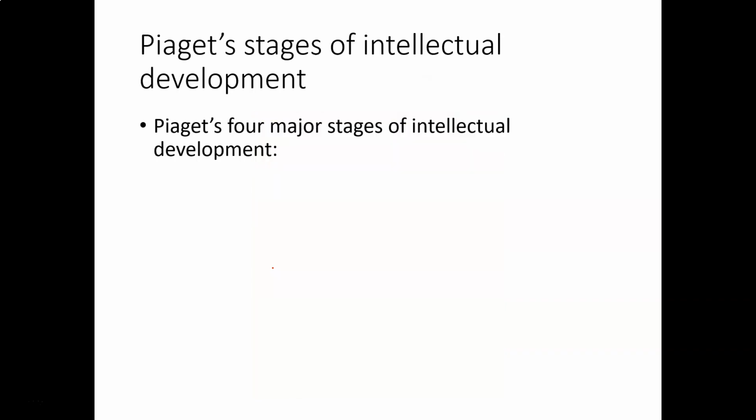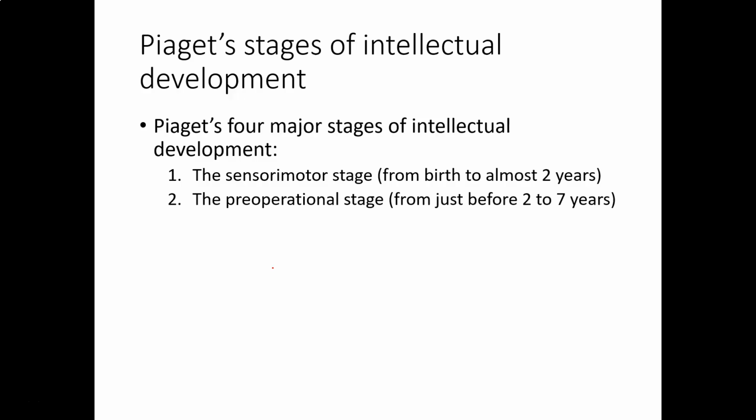And these stages of intellectual development, I would say, are not set in stone. There's a lot of fluidity between the transitions of these stages. But here are the 4 major stages of intellectual development that we're going to expand on in the next few slides. Sensory motor stage occurs from birth to about 1.5 years of age, and we'll talk about what that involves.